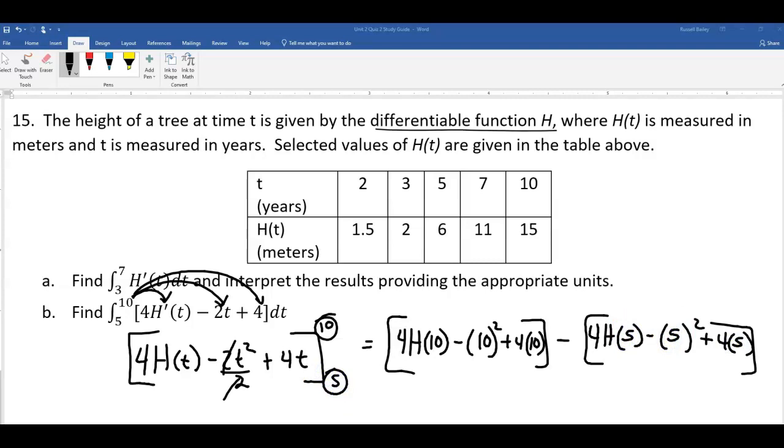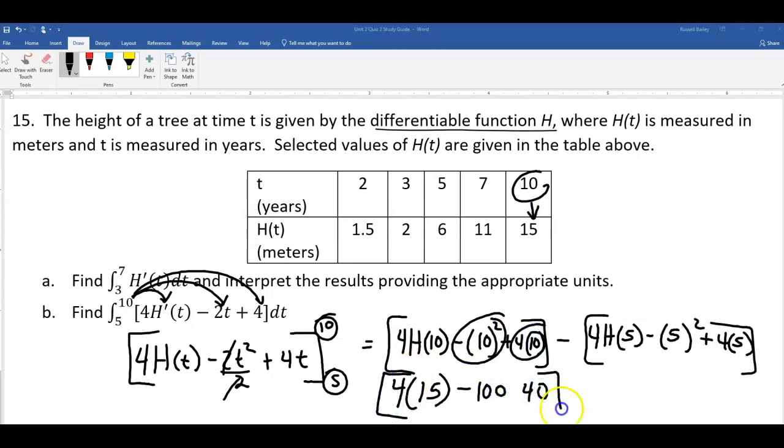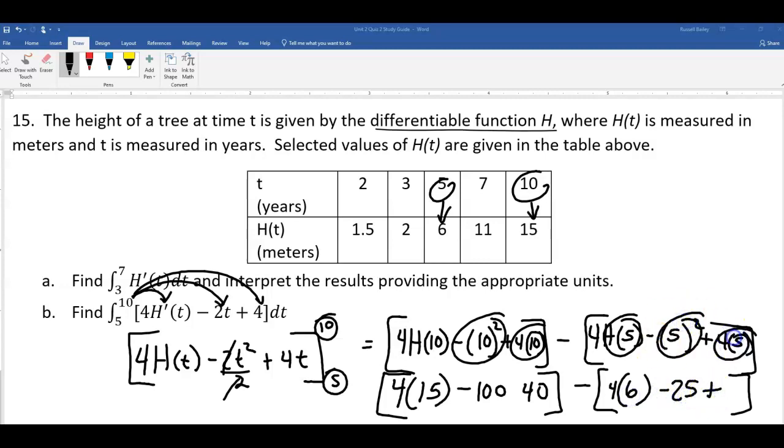All right. So looking at the table, h of 10 is 15. This is 100. This is 40. H of 5, according to my table, is 6. That's 25, and that's 20.